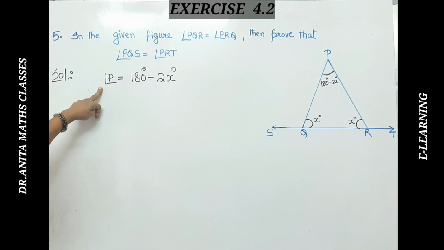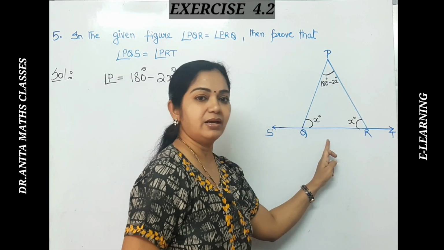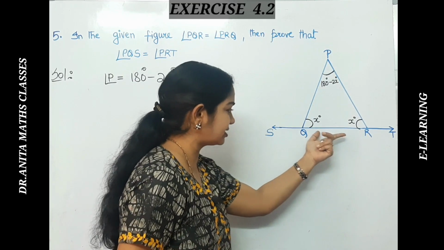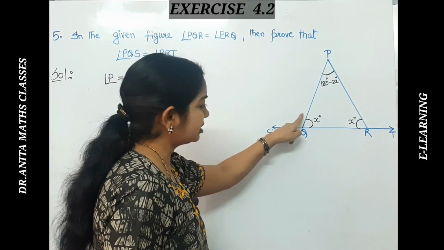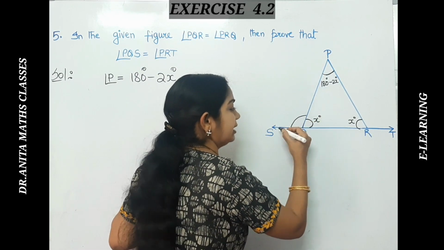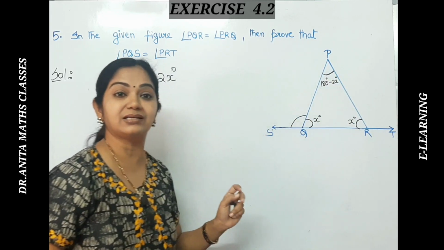And also, if you take any triangle, now this triangle is PQR. If one side of a triangle is extended, suppose this QR is extended, the exterior angle formed here is equal to the sum of the interior opposite angles. That is a theorem.